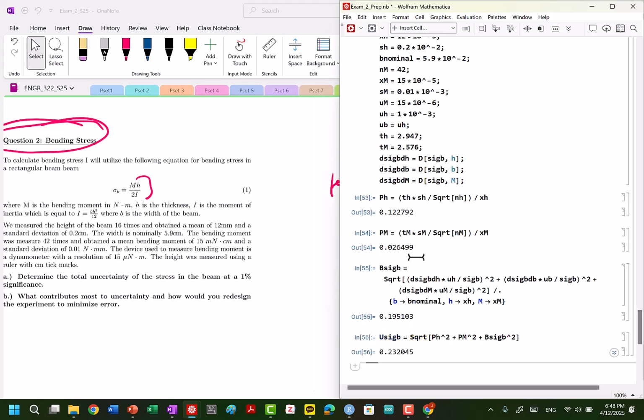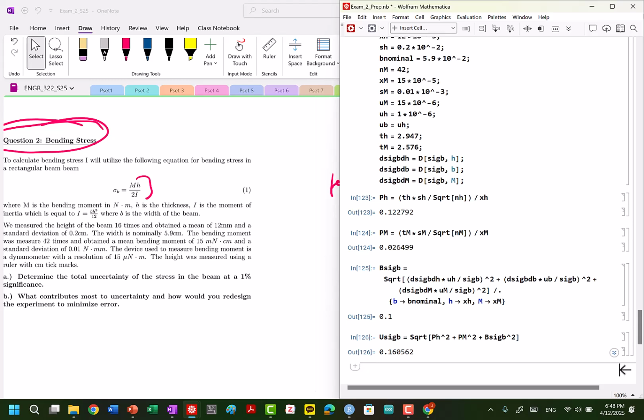If we measure it with a micrometer, it just decreases it. Let me make sure. If I change this to uncertainty times 6, yeah, we get some change in value here.